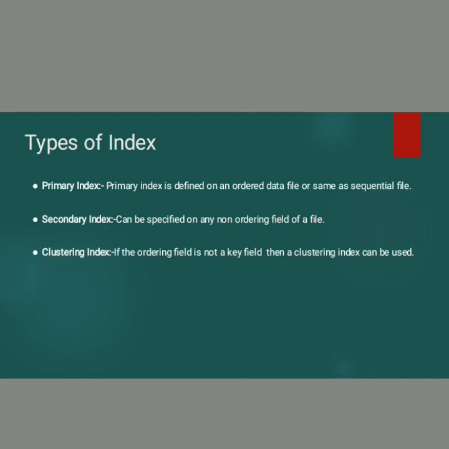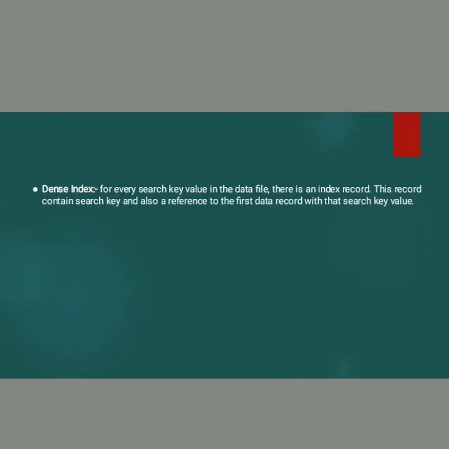There are three types of index: primary index, secondary index, and clustering index. A primary index is defined on an ordered data file, the same as a sequential file. Next, a secondary index can be specified on any non-ordering field of a file. And last, a clustering index: if the ordering field is not a key field, then a clustering index can be used.